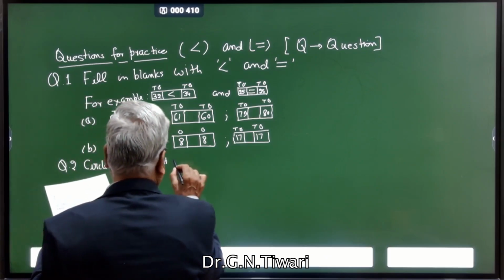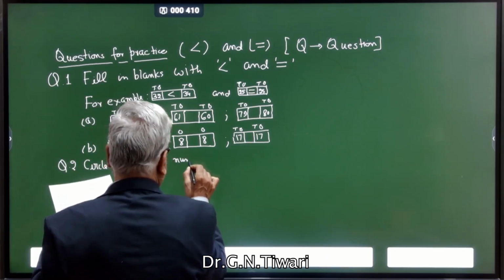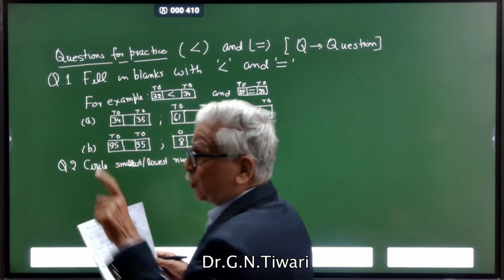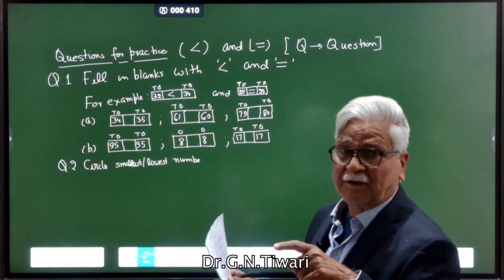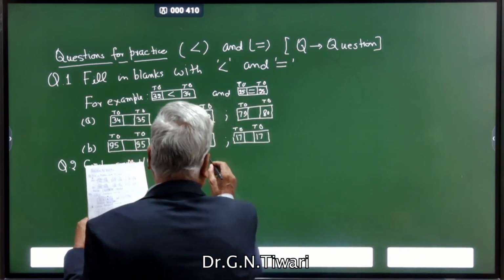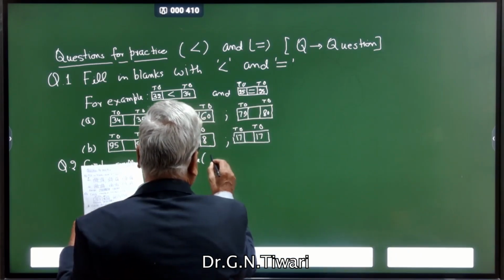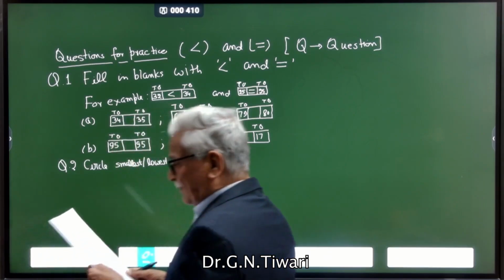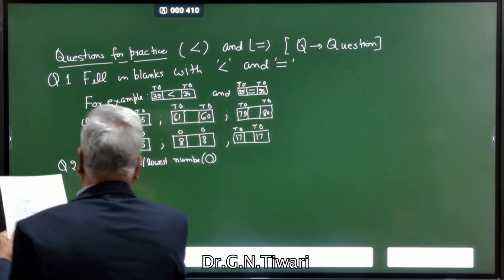Circle means the lowest number should have a circle mark. Like that, as explained earlier, the circle is like this. I am giving the example first.